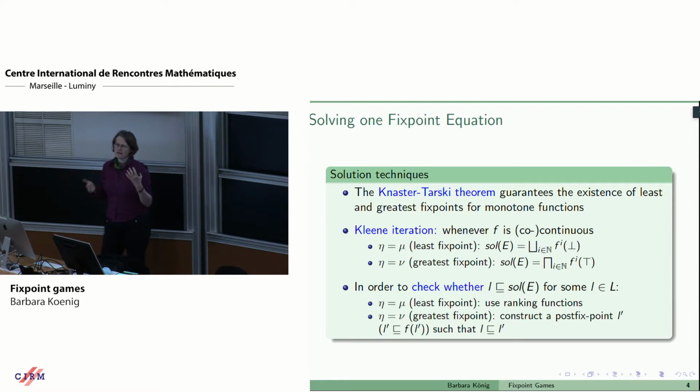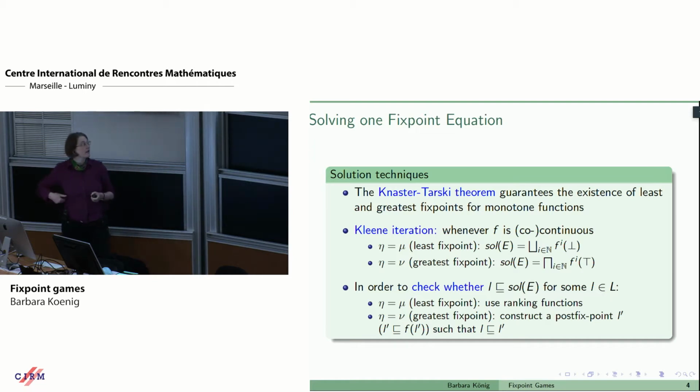Then if you do not actually necessarily want to compute your fixed point, but you just want to check whether some lattice element is below the solution, well, for the least fixed point, actually Bernhard already mentioned this yesterday, there is actually not such a good notion of a witness that actually proves that you are below the least fixed point. I mean, this is also a problem I'm really interested in. We've done something in that direction, but it's not really the topic of this talk.